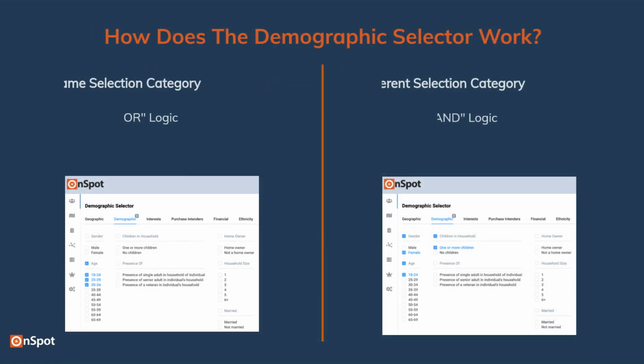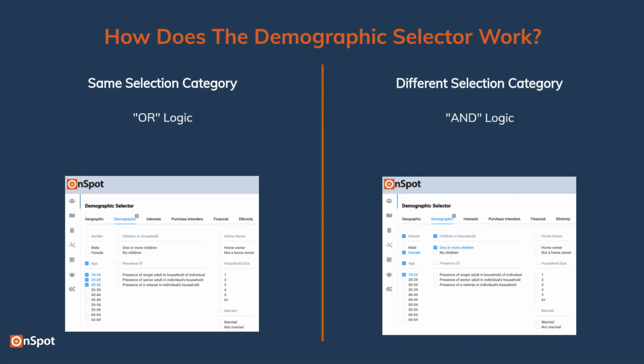Now you might be wondering, how does the demographic selector work when I'm selecting many different characteristics? Within the same selection category, such as age, it uses OR logic, so it matches any household with any of the selected items. For example, age 18 to 24, or 25 to 39, or 30 to 34.